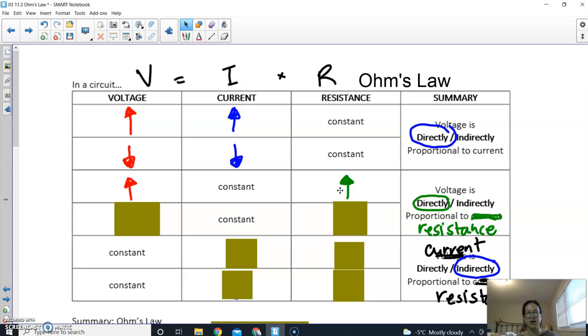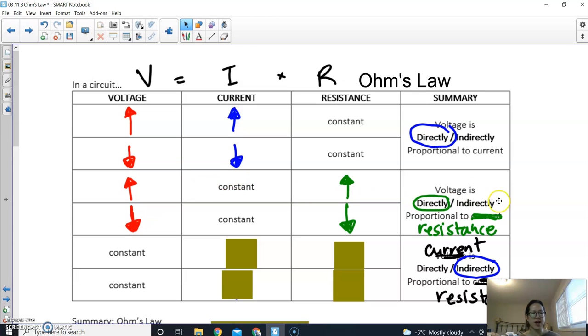Okay, next up, if again I'm keeping the flow rate exactly the same, and let's just say the resistance is decreasing, so there's less resistance, but somehow my current is remaining the same, I can conclude that the voltage is also decreasing as well.